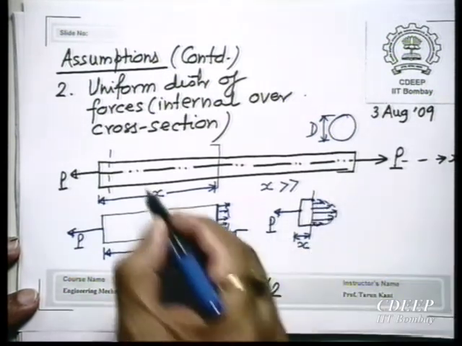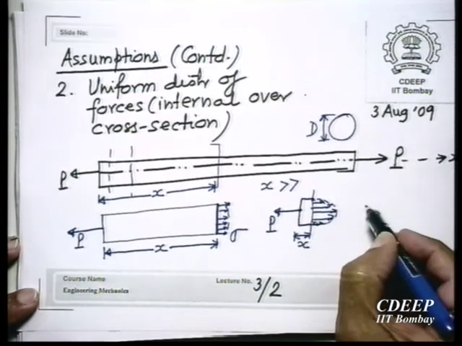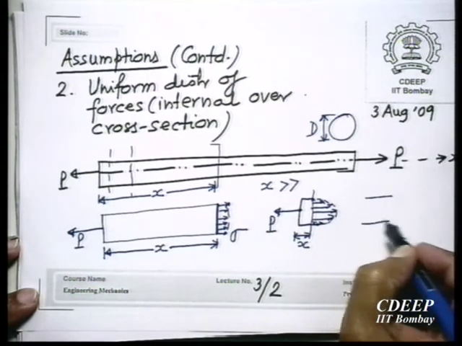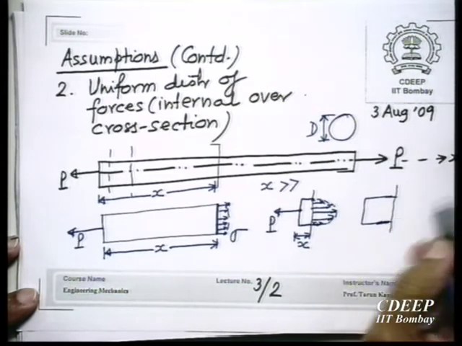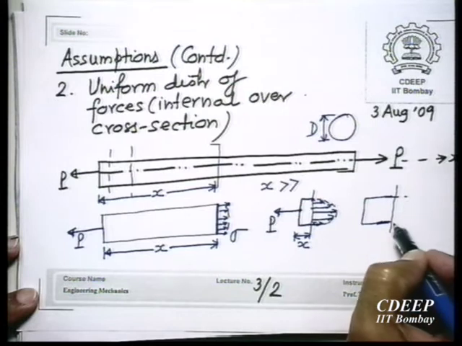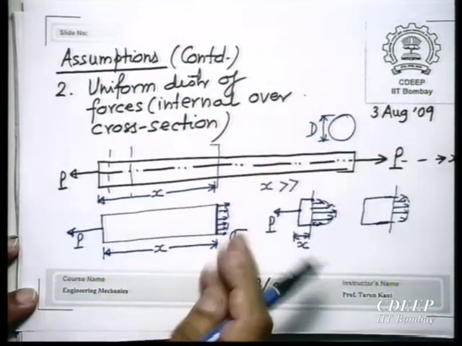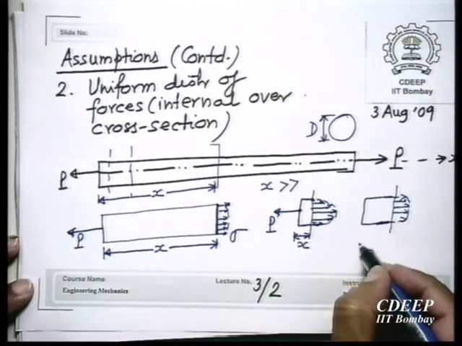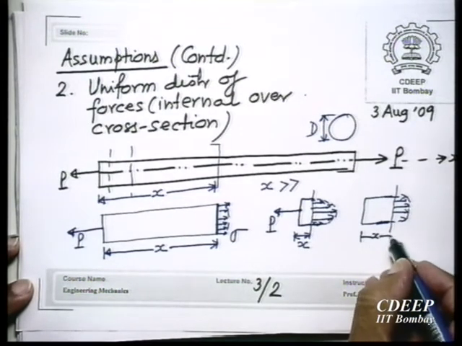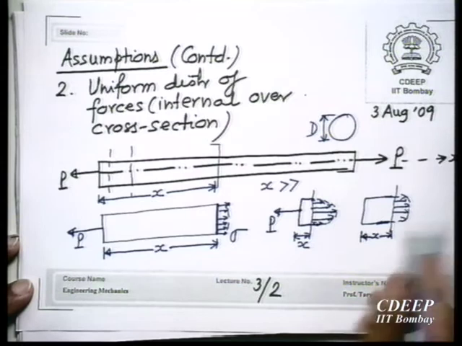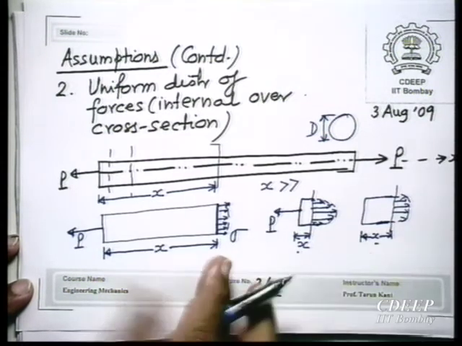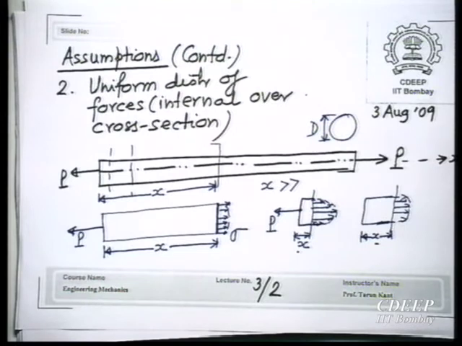As you go to the next cross section, this will perhaps flatten out. Then it will be something like this, and finally, when it is away, this is x, as x is becoming larger. So, this is the smallest x, a little larger, and this is very large. You see the distribution goes on changing.